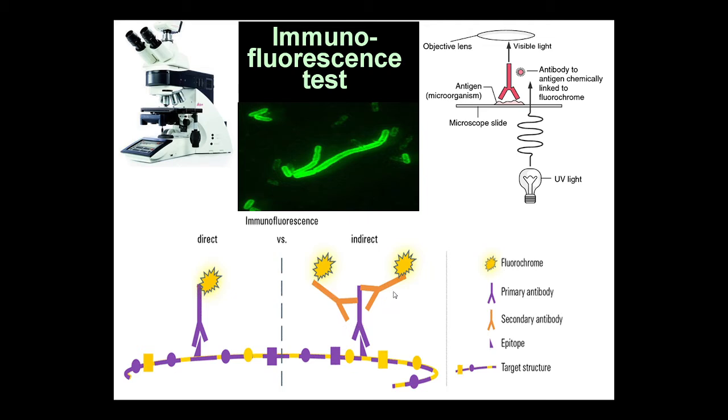After that, add to the surface of the slide diagnostic secondary antibodies. They are shown in orange. These antibodies are animal antibodies specific to the immunoglobulins, for example, Fc fragments of the human immunoglobulins. And the secondary antibodies are labeled by fluorescent dye.